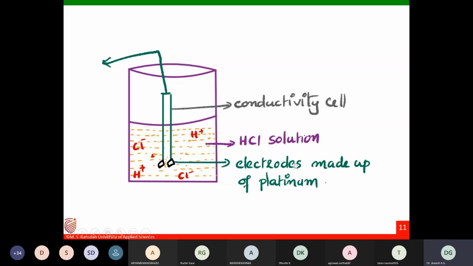Yes, sir. These are the electrodes made up of platinum. Now, my question: are they touching each other, or are they separated by a distance? No, sir, they are separated by a distance. That distance, the space between the two electrodes, is filled with the solution. Am I right? Yes, sir. That solution contains H plus and Cl minus.